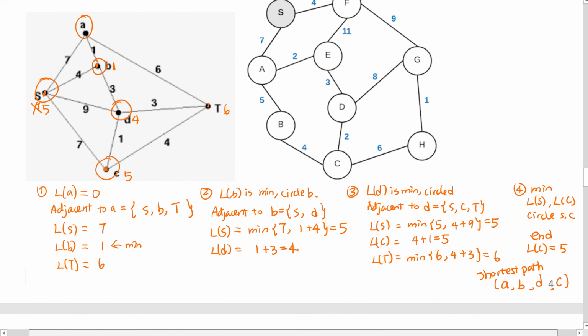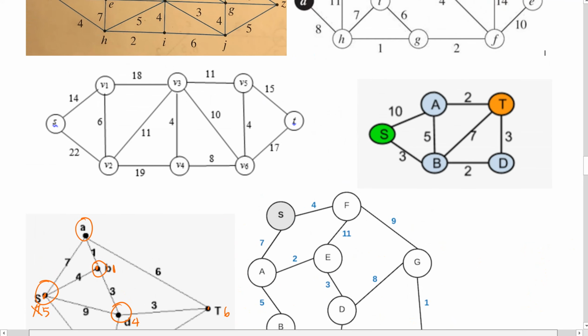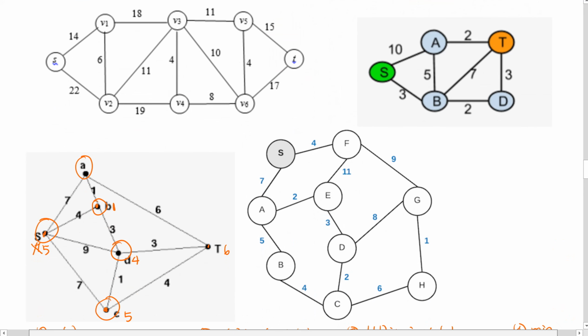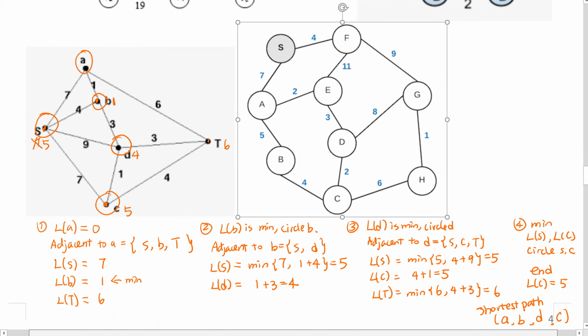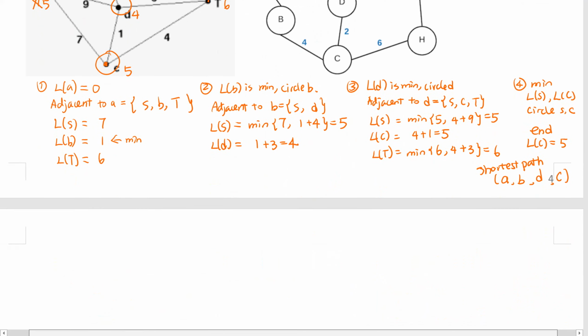Okay. Do you want to do some example like here or there? Okay, which one do we want to pick? How about this guy? Okay. Let me create more space here because I really want to show you more examples.